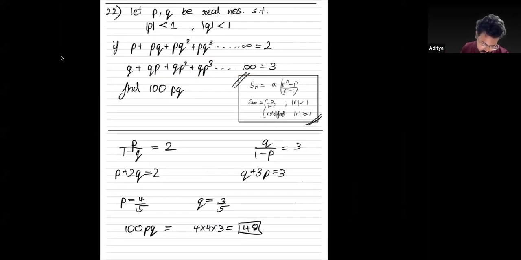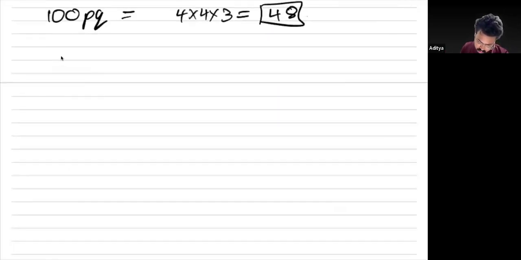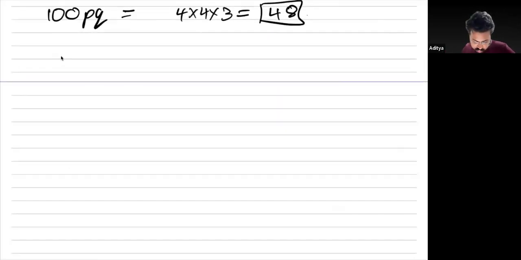Try this next question. In an increasing sequence of 4 positive integers, I'll just copy this and paste it.